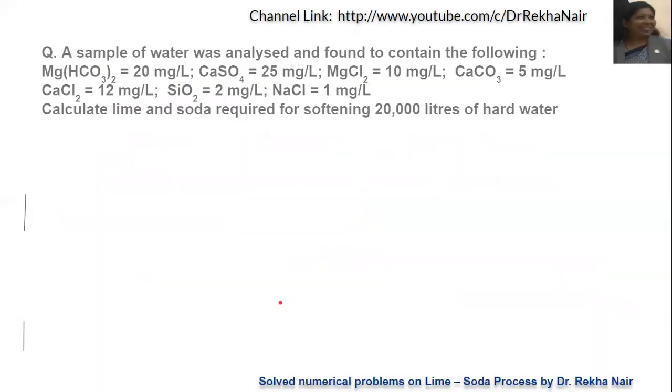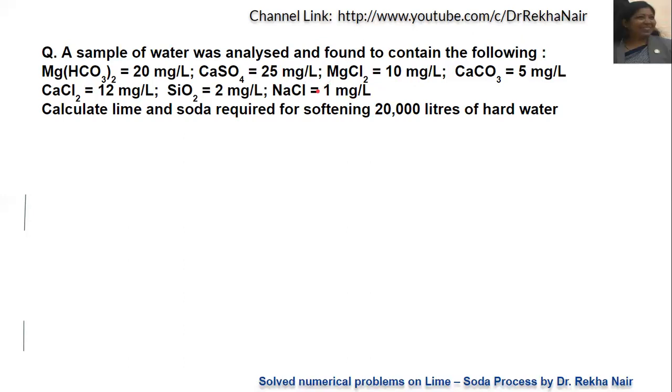Now, let us take an example. A sample of water was analyzed and found to contain the following: magnesium bicarbonate 20 milligram per liter, calcium sulfate 25 milligram per liter, magnesium chloride 10 milligram per liter, calcium carbonate 5 milligram per liter, calcium chloride 12 milligram per liter, silica is 2 milligram per liter, sodium chloride is 1 milligram per liter.